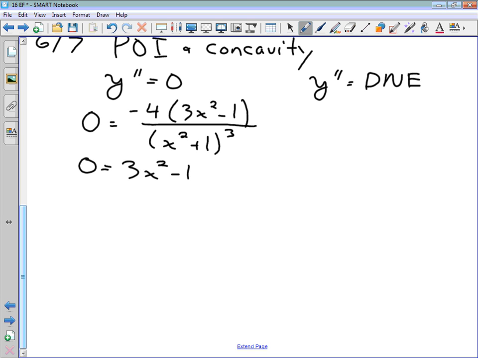And how do we go about solving this thing? I'm going to take a pause here, and I'm going to write numerator equals 0. How are we going to solve this guy here? Bryn, what do you think? And then divide by 3. 1/3 is x squared. Take the square root of both sides, and what do we get?